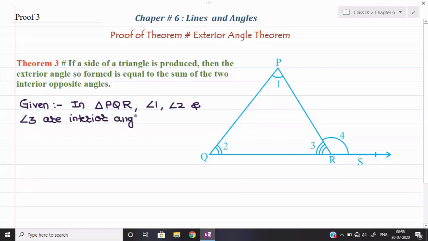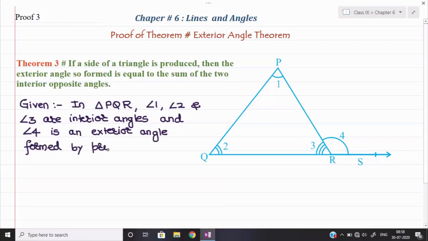Then we shall write down about angle number 4: angle 4 is an exterior angle formed by producing side QR.